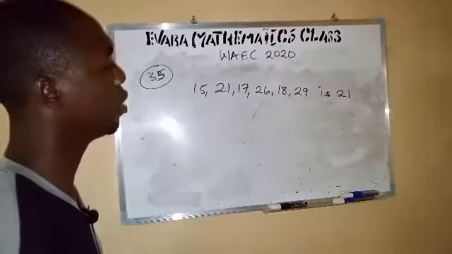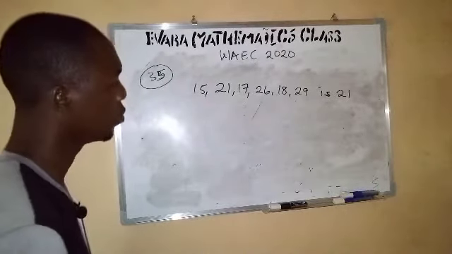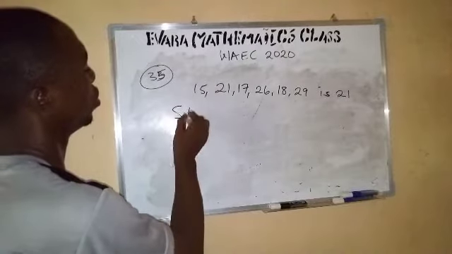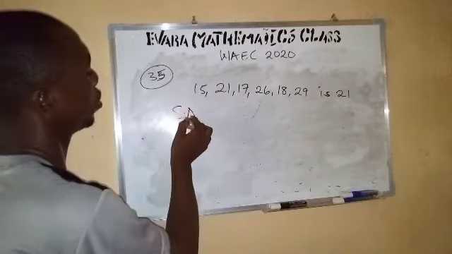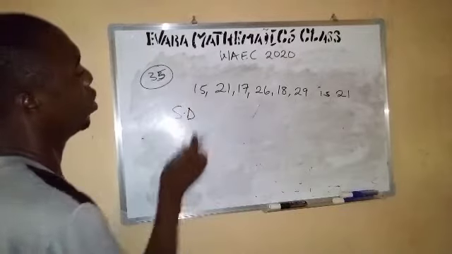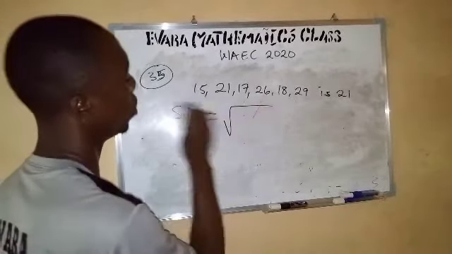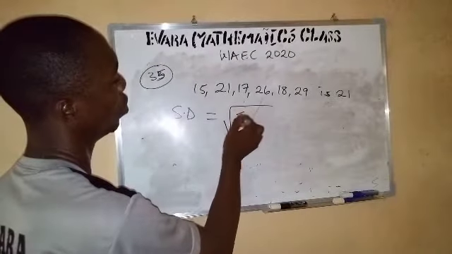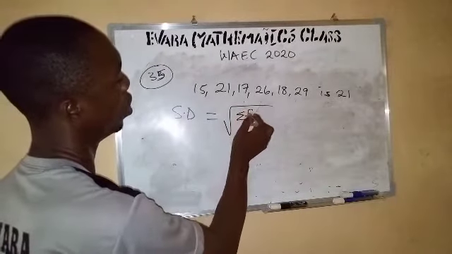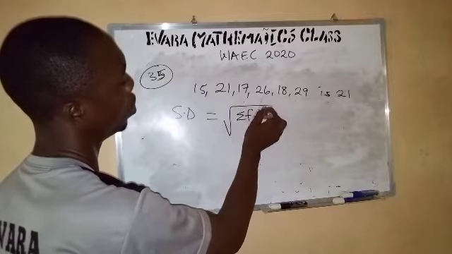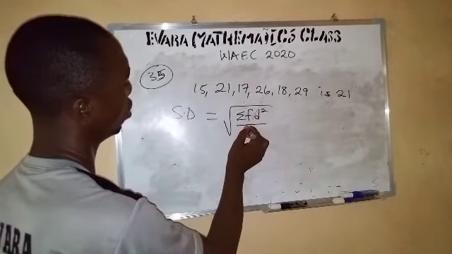How do we calculate standard deviation? This is the standard deviation of ungrouped data. It will be the square root of summation d squared over n.